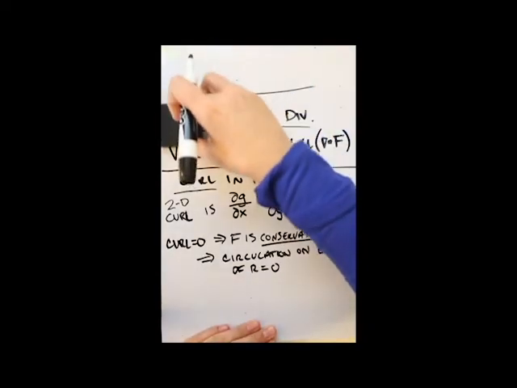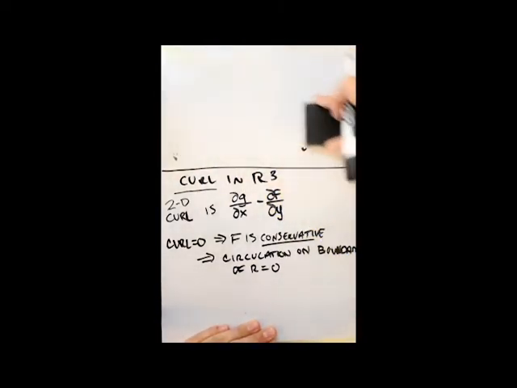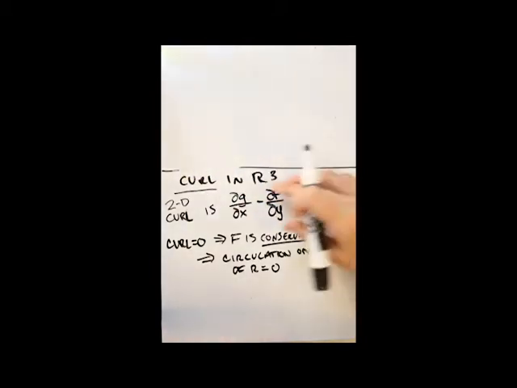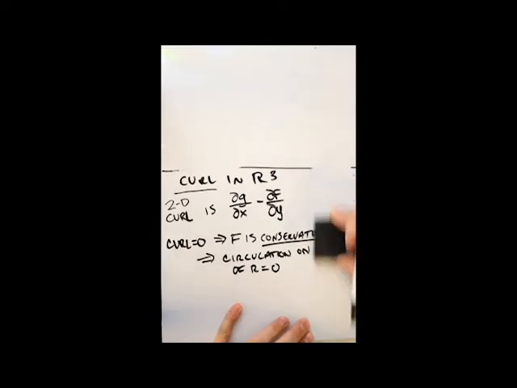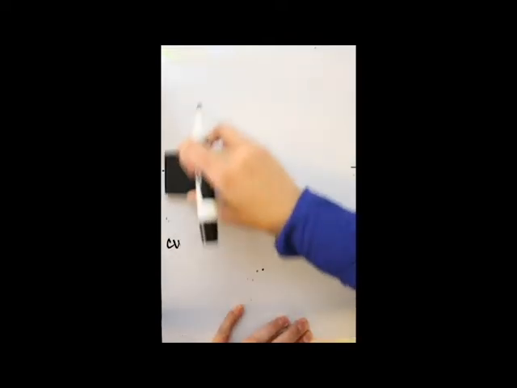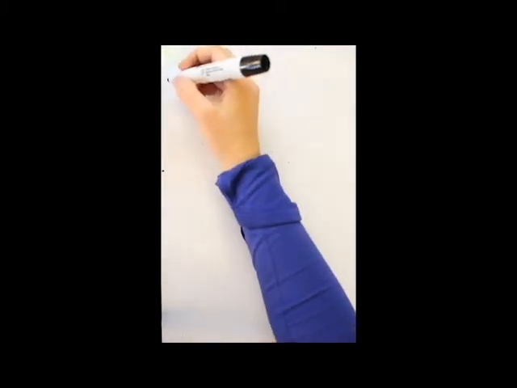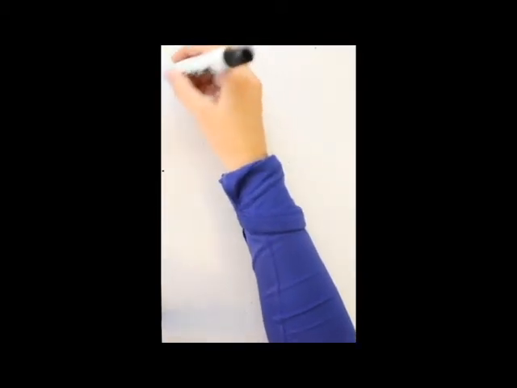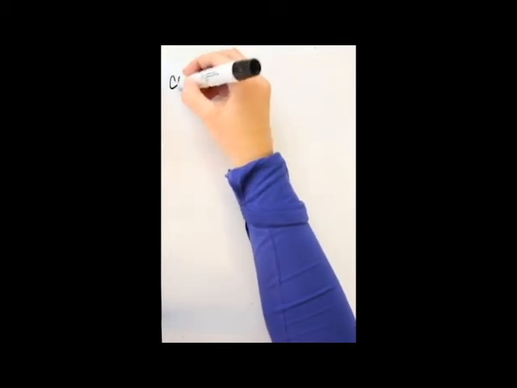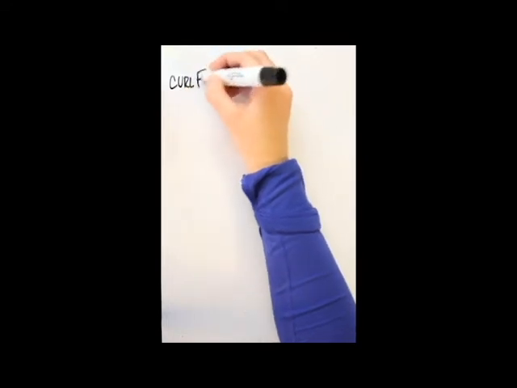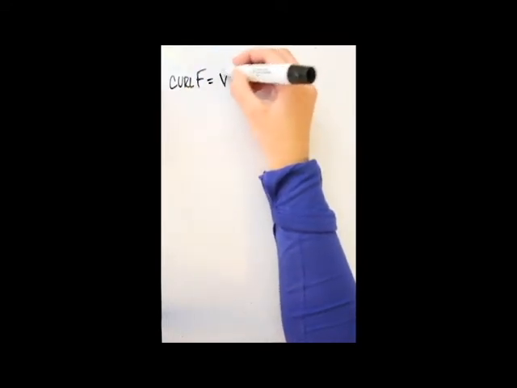So let's go ahead and go up here. We're basically going to extend this into 3 dimensions. So we have now that, again, f is defined as f, g, h. So the curl of f, which is denoted just curl f, is going to be the cross product.